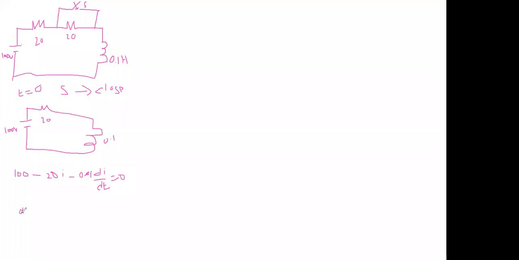di by dt plus 200 i equal to 1000. So this equation is a non-homogeneous equation, not equal to 0.